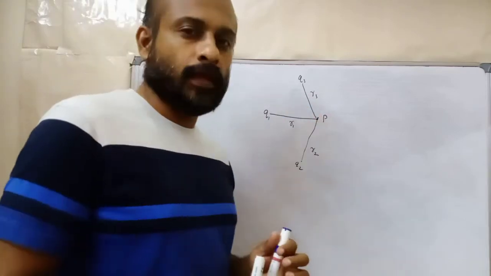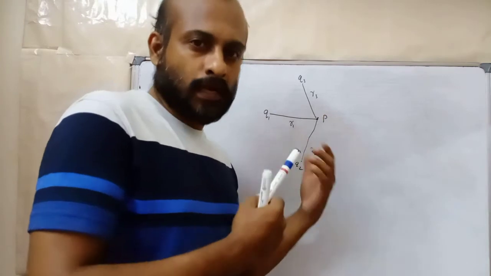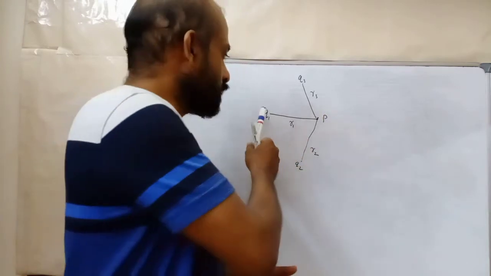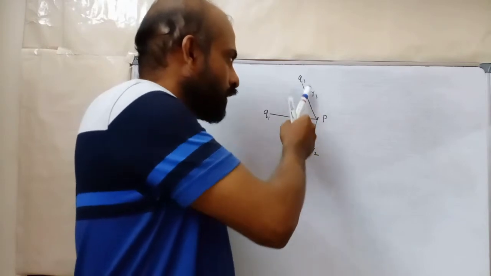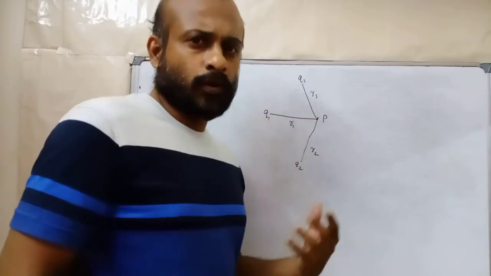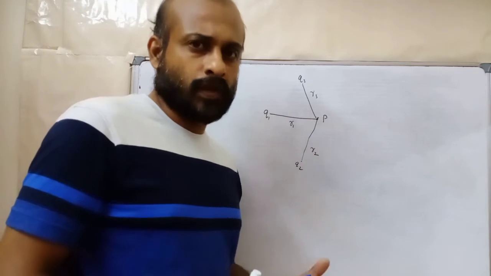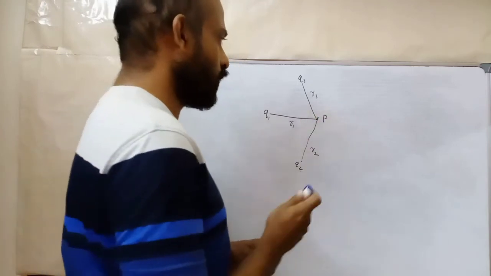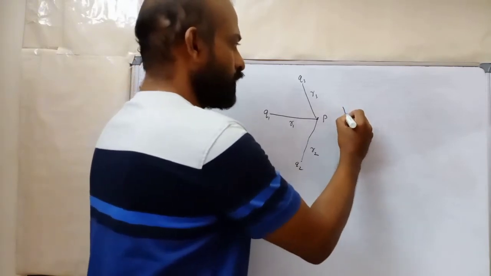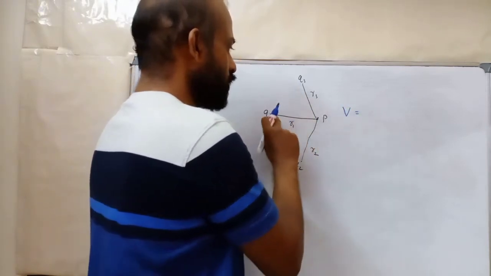So at this point P, all the three charges will produce electric potential. This charge is at a distance R1 from here, here R2 from here, and here R3 from here. Potential is a scalar quantity, so we need to just add these three potentials. What will be our equation? Net potential at P, V, is equal to potential due to this charge.